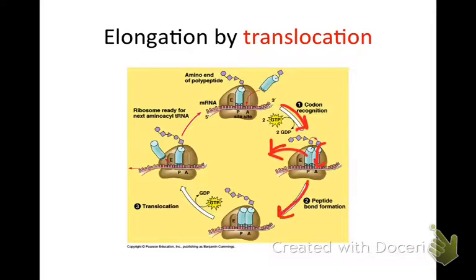Figure out another polypeptide. He comes and sits down. Attaches. You can leave. Find another one. Remember, he sat down, so he finally gets to exit the E site. He just scoots on over. And then the last thing, elongation, we just keep on building that polypeptide.